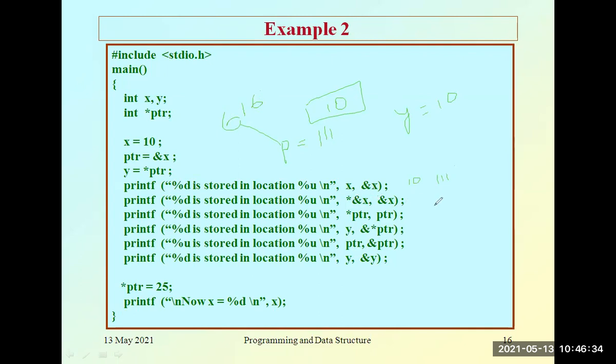Ampersand of x means we get the address 111, and x gives 10. Star ptr means here we get 10, and ptr address is 616. Okay, clear students?